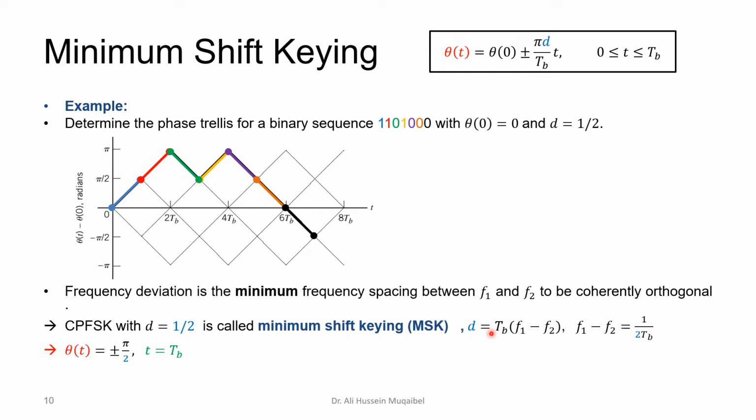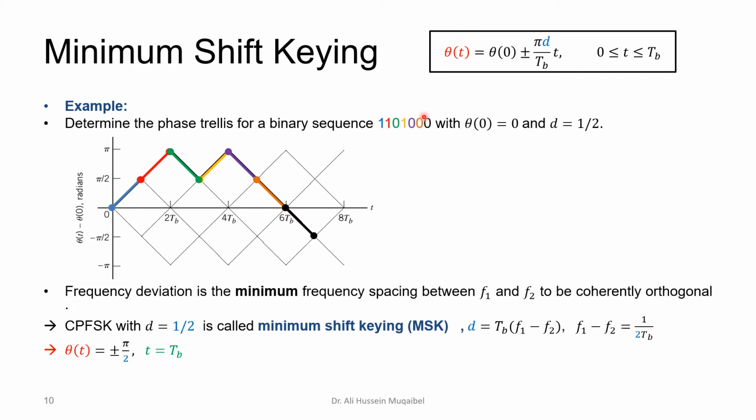If we make d equal to 1/2, then we get f1 minus f2 equal to 1 over 2 TB, which is the minimum frequency spacing between f1 and f2 to be coherently orthogonal. So we cannot make it less than this, and this is why we call it minimum shift keying. That's the minimum shift in the frequency that keeps orthogonality.